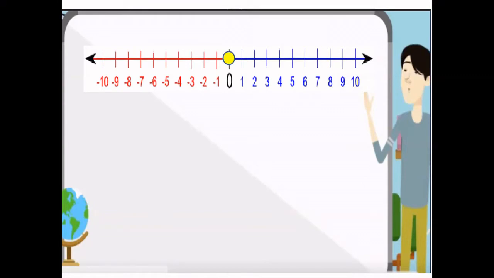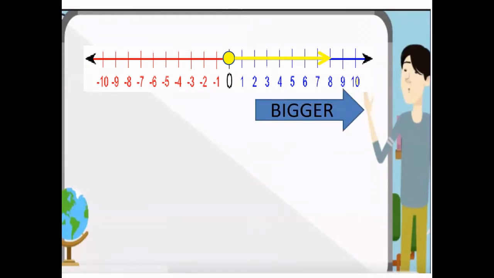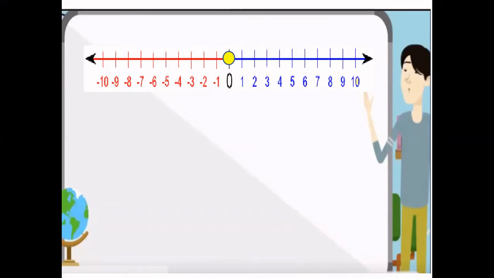Now, on the positive side, which is the blue color, starting from 0 all the way up to your right, the numbers are getting bigger and bigger. 8 is bigger than 4 because it is found on the right side.